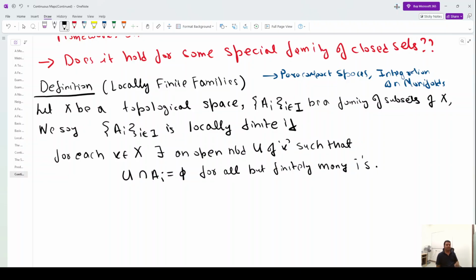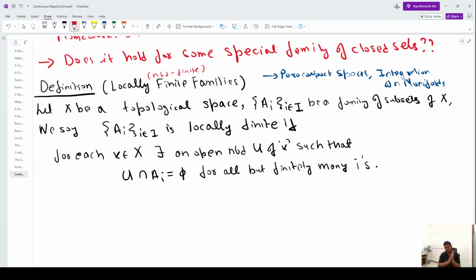So what I'm saying is, for every point there will be a neighborhood which will intersect only at most finitely many members of this family. So that's why finite, and local because it's a local property. At every point, there is a neighborhood satisfying something. And since I said neighborhood, some people also call it neighborhood finite. Locally finite or neighborhood finite.